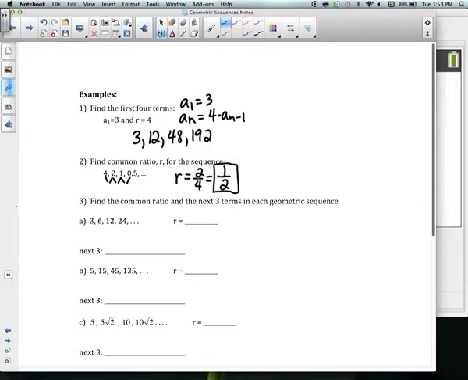Our common ratio is 2, because 3 times 2 is 6, 6 times 2 is 12. And then it also asks for the next 3 terms. So again, we're going to figure that out. After 24, 48, 96, 192.